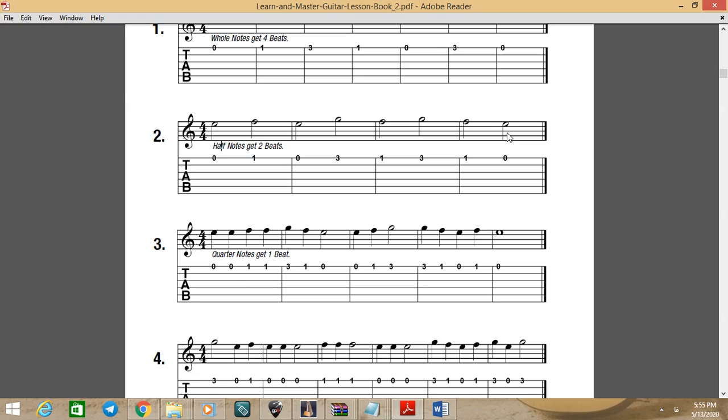The first exercise is the name of the notes. Again, I will do it for you on exercise number 3. It begins with E, E, F, F, G, F, E, E, F, G, G, F, E, F, and the last one is E again.